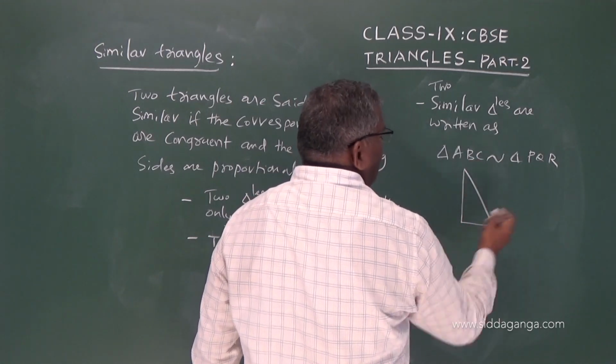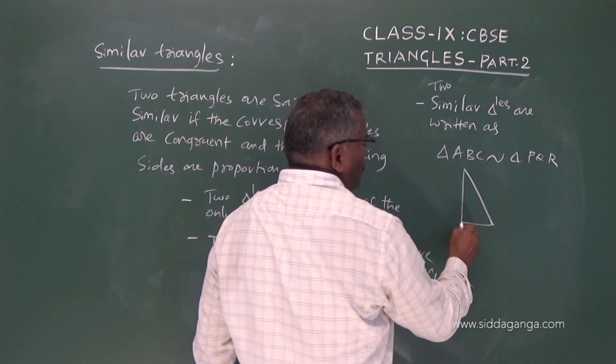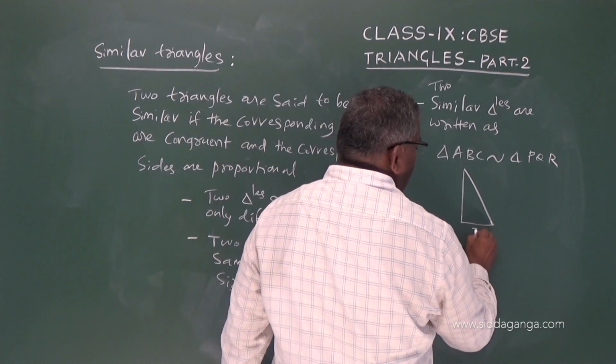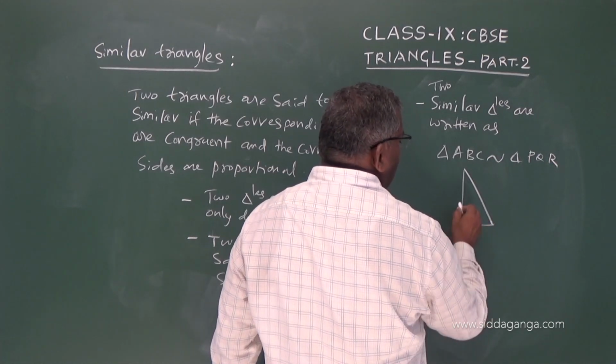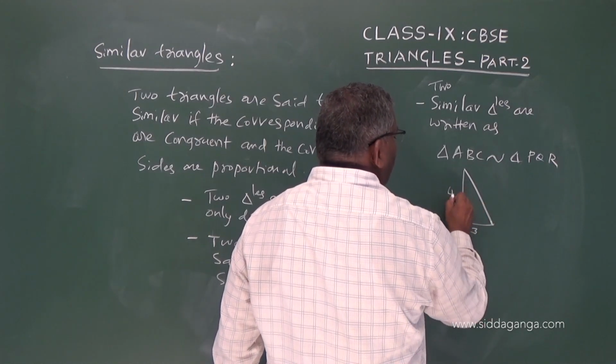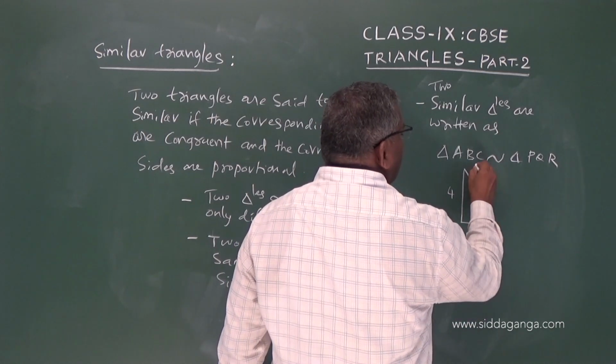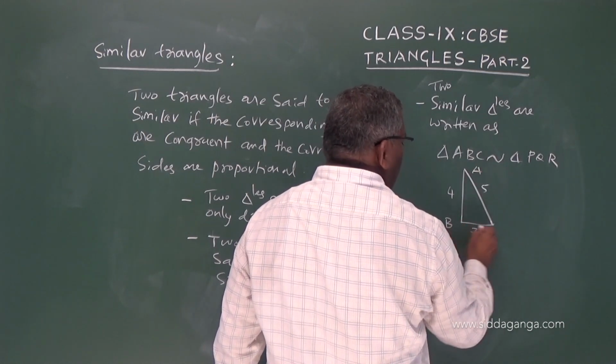This is, say, 3, 4 and 5 centimeters. This is ABC.